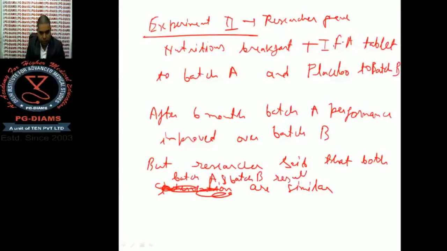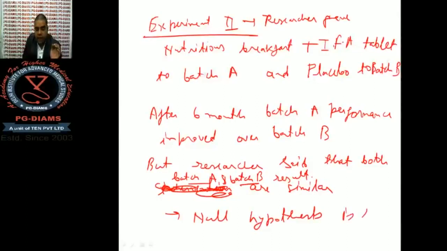Okay, if both batch A and batch B results are similar, then it means null hypothesis is true, because null hypothesis says that both batch A and batch B will have the same result, that both interventions are similar.